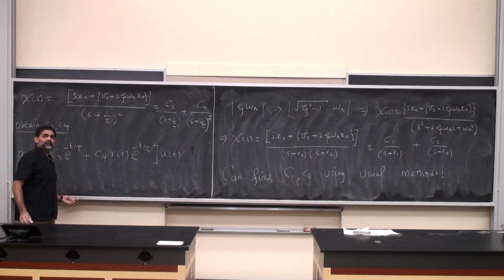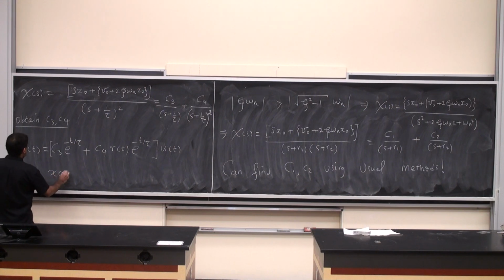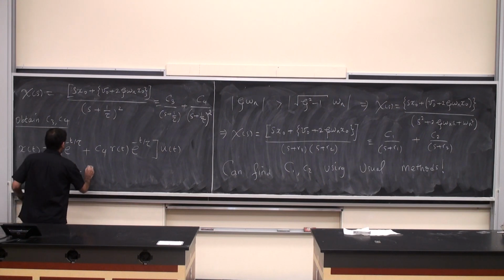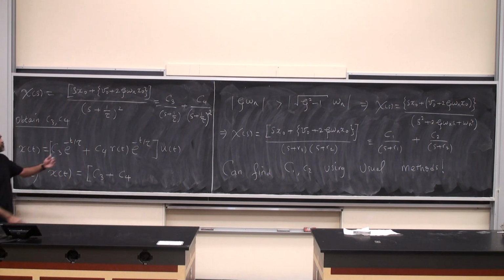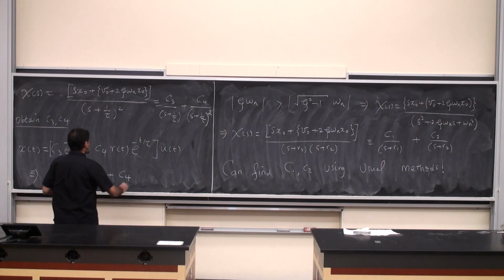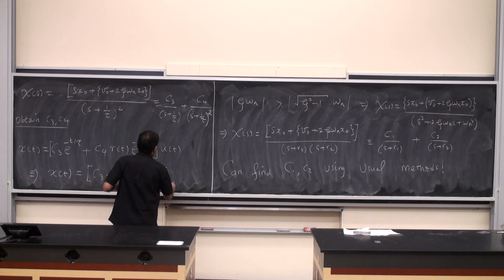or you can say the following. If you don't feel like writing u of t all the time for these kinds of things, you can say, instead of the ramp response, this is equivalently (C3 plus C4 t), take the e to the power minus t by tau outside. Ramp response is defined to be equal to t for t greater than or equal to 0. So this is e to the minus t by tau for t greater than or equal to 0.